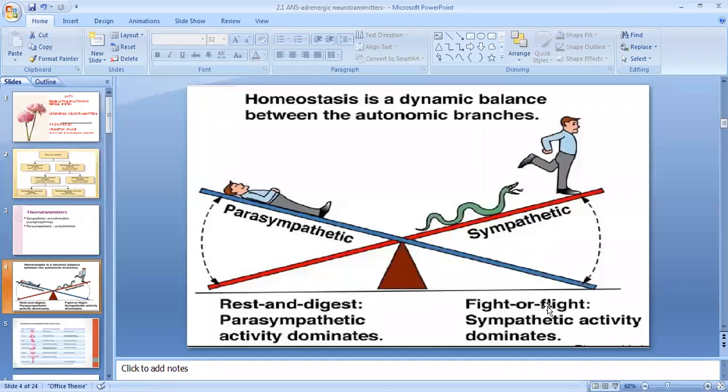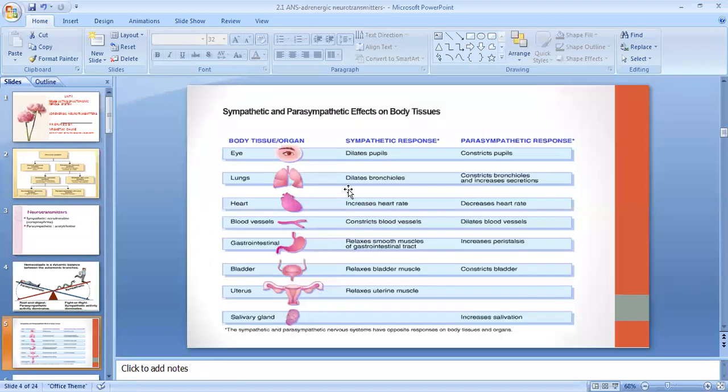This type of response we have already discussed: fight or flight. At that time, which type of activity will dominate? Sympathetic activities dominate. And when everything is normalized, he is going to take rest and digest. So the response shown is by the parasympathetic nervous system.